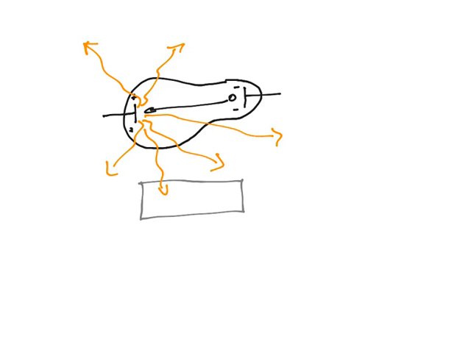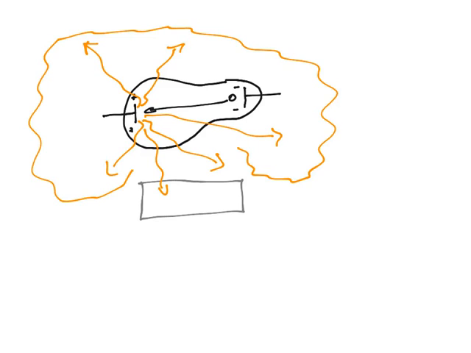Well, obviously the majority of these X-rays out here are missing the film. And so while you're more efficient at creating X-rays themselves, you're not efficient in directing those X-rays to where you want them to go, which is the camera, the thing that's creating the image.